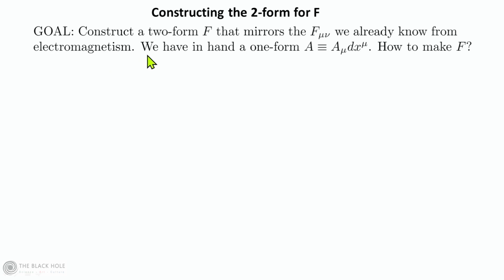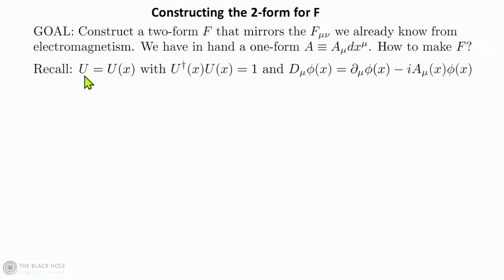What we're going to need this 2-form for is a Yang-Mills theory, and we already have one thing, which is the gauge potential. From the gauge potential, we make the 1-form, and now the question is, how do you make a 2-form? F has to be a 2-form. Okay?